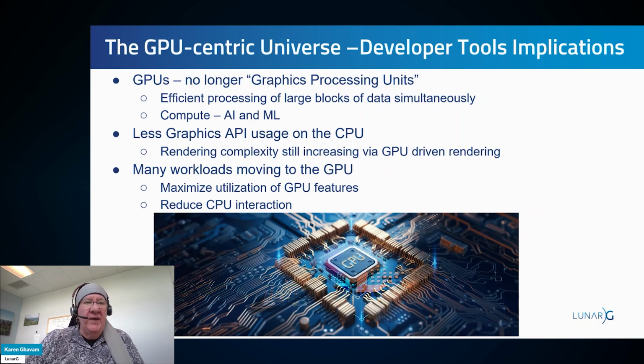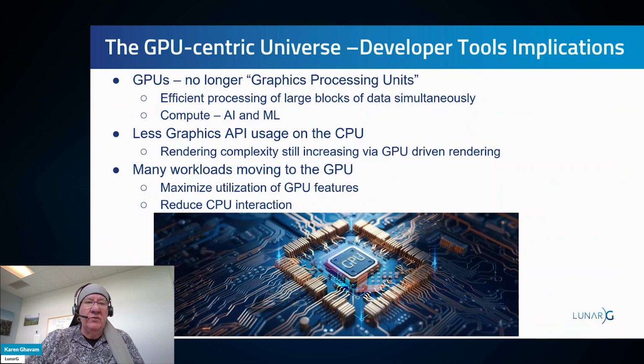So graphics API usage on the CPU is actually decreasing. However, the complexity of rendering is still increasing, and it's via GPU-driven rendering. Workloads are moving to the GPU to take advantage of the performance of the GPU features, and CPU interaction is being reduced. So more autonomy is being given to the GPU.